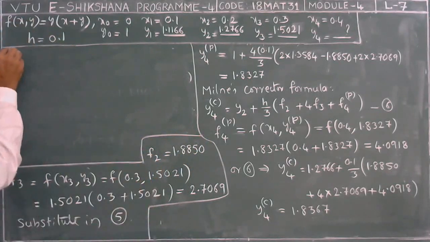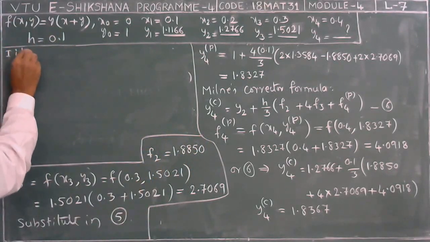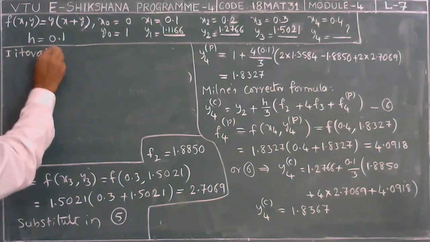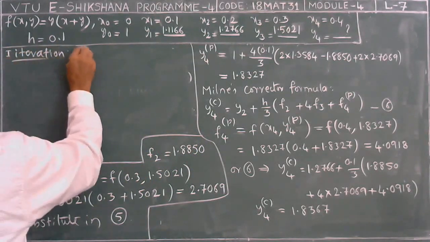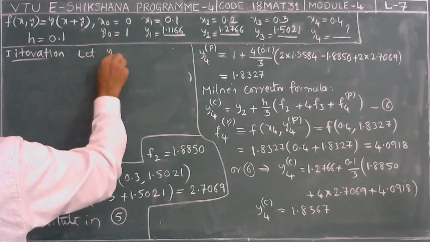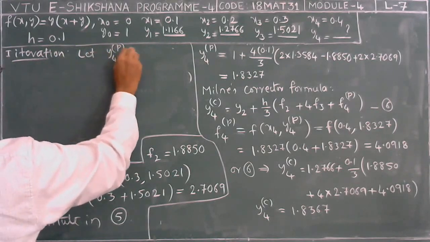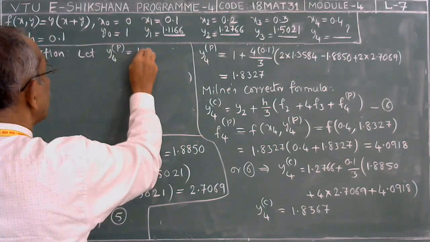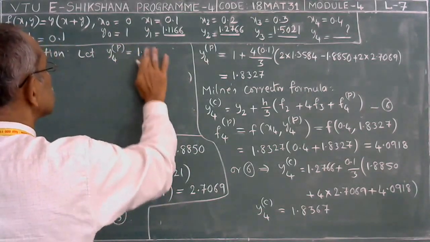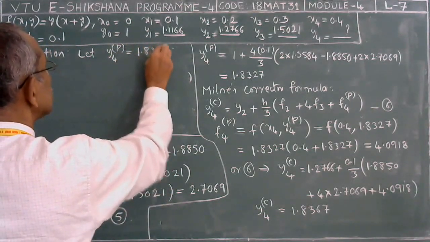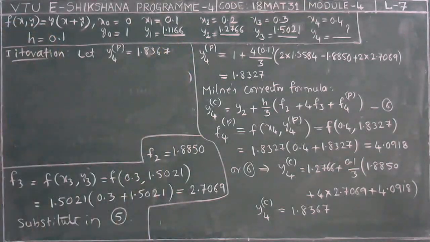Now the first iteration. Let y4p be equal to 1.8367.